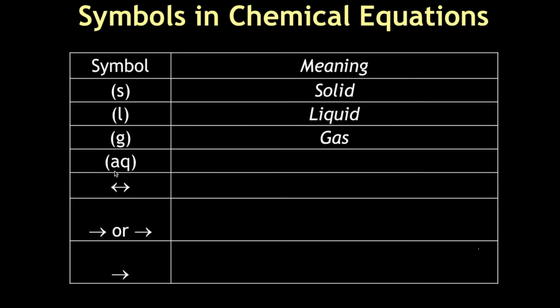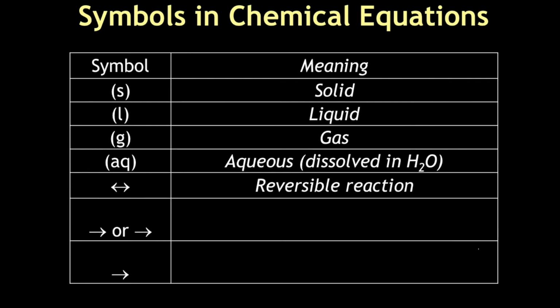To indicate an aqueous solution, for example, if there's a salt in water, that would be indicated with an AQ, and that just means that it's dissolved in water. This double-sided arrow indicates equilibrium, or a reversible reaction, I'm sorry, which we aren't going to use in this unit.